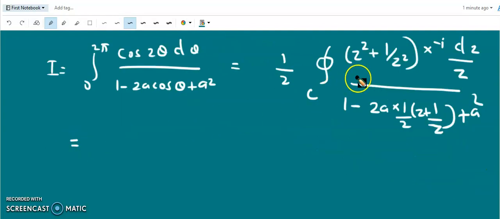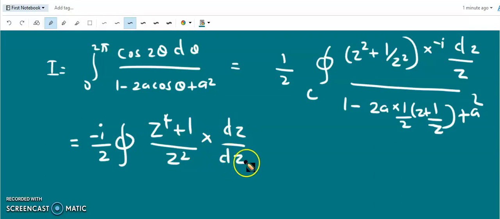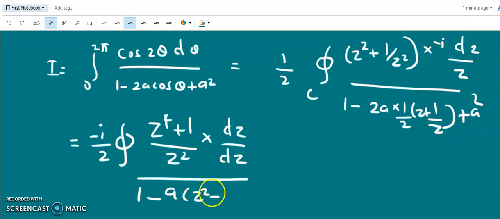And now by taking i outside, we have minus i by 2 closed integral. z square is taken as a common factor, z to the power 4 plus 1 by z square into dz by z, divided by 1 minus 2, and 2 cancels, a into, here z is taken as a common factor, z square plus 1 divided by z, plus a square.